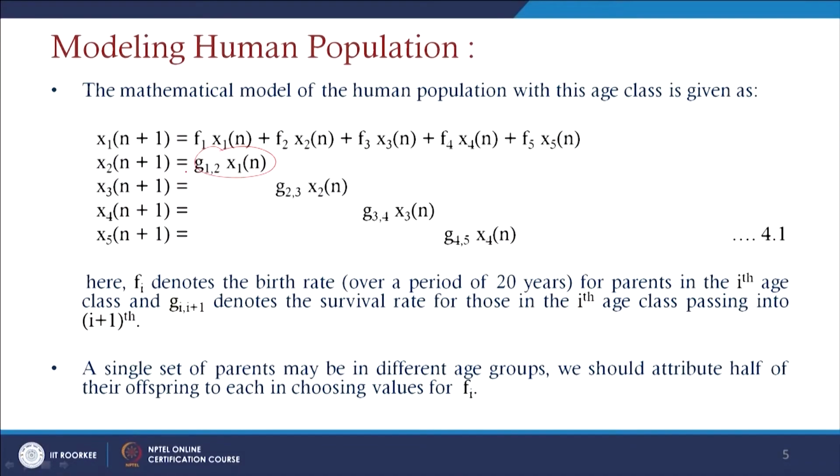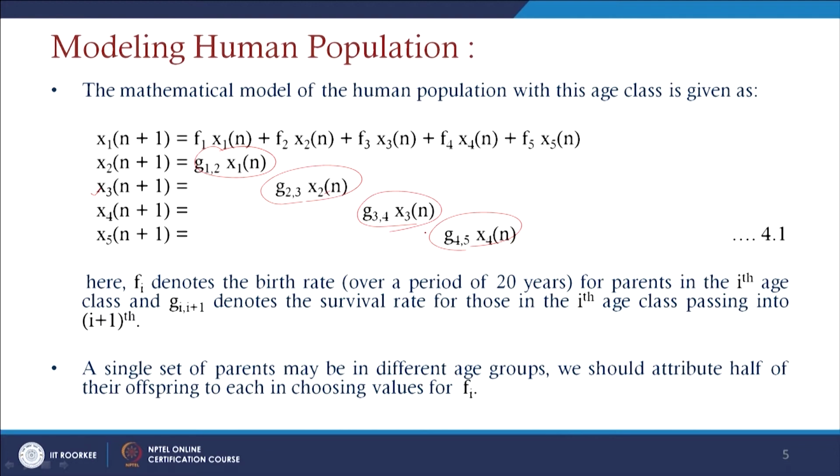Similarly, those who have crossed the x2 age did not die and are surviving. They are in the fertile group x3, represented as G23 x2. Those who have crossed the x3 age bar come into the x4 age group. And those who have crossed the x4 group come up to G45 x4n.